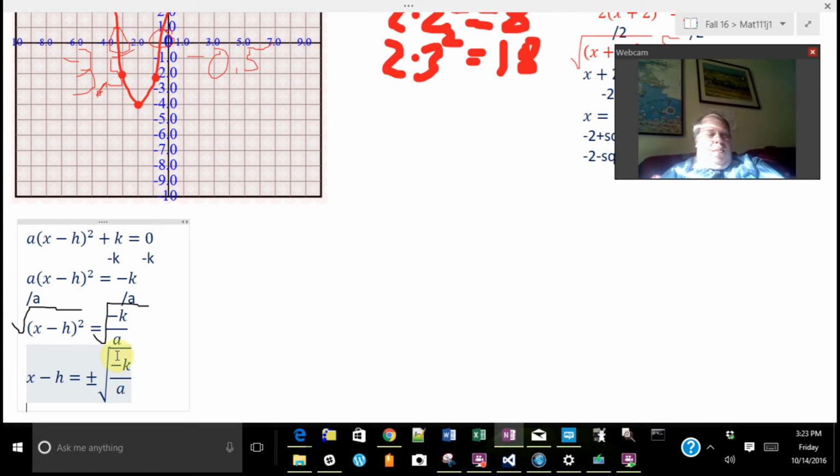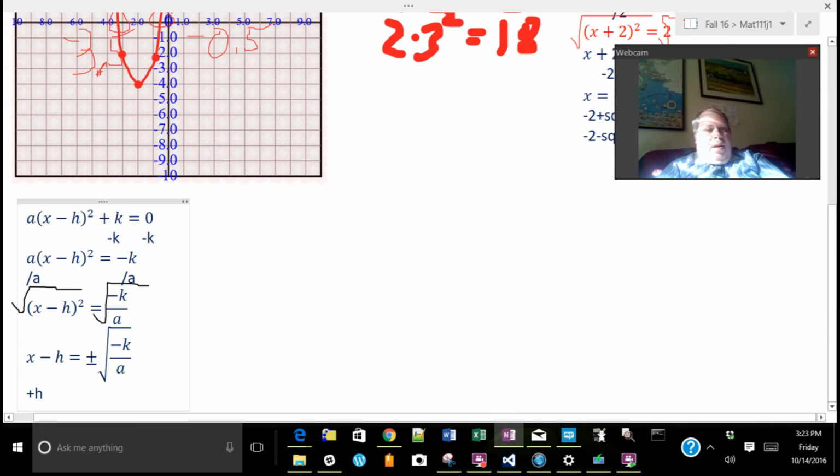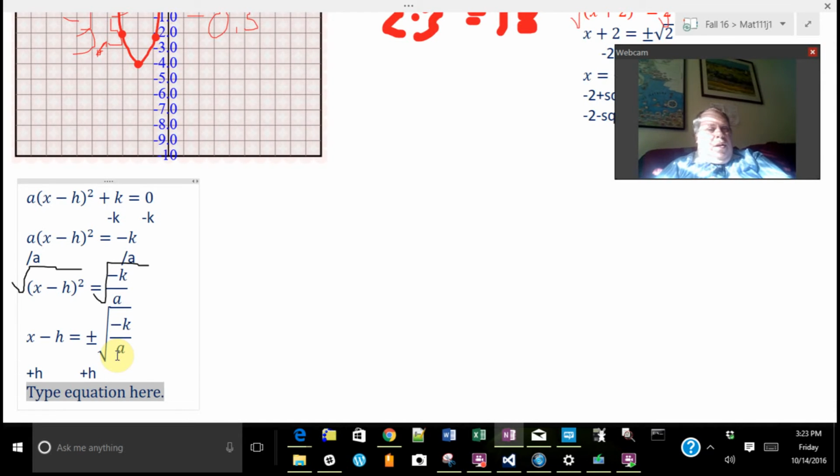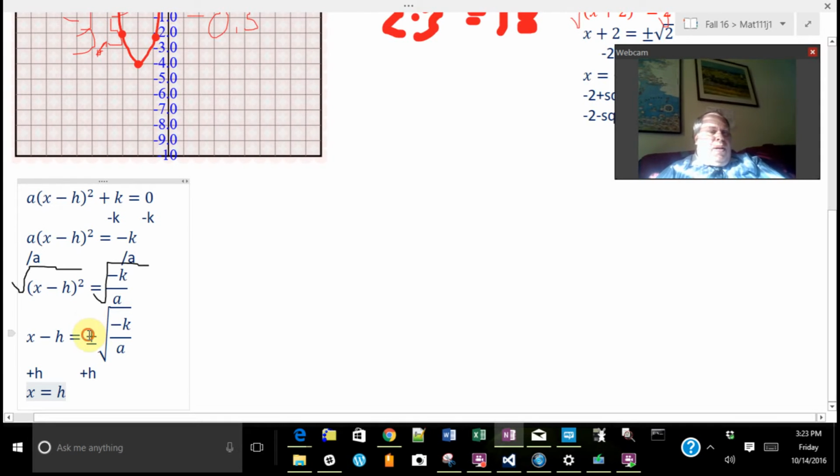And now all I have to do is add h to both sides, and I get my quadratic formula, but a much simpler one to solve for the roots. So if you know h and k, you can use this formula. x equals h plus or minus the square root of minus k over a.